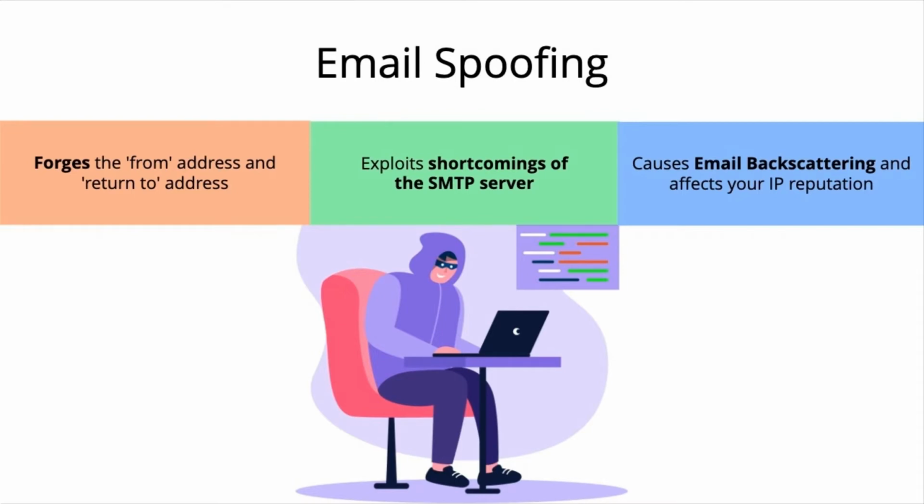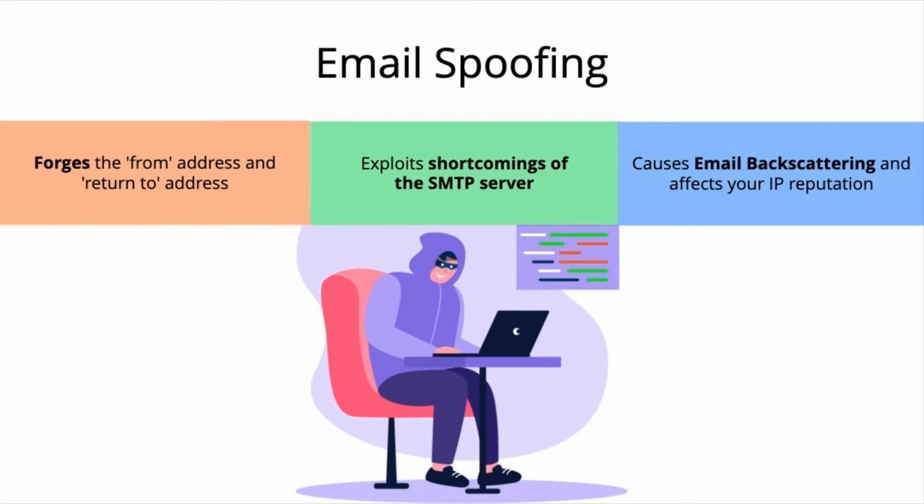And one of the unexpected results when your email address gets spoofed is email backscattering. You might suddenly start receiving tons and tons of replies and bounce messages for an email you didn't send. It could leave you confused and can even make you believe that your email account has been hacked or compromised. But that is usually not the case.